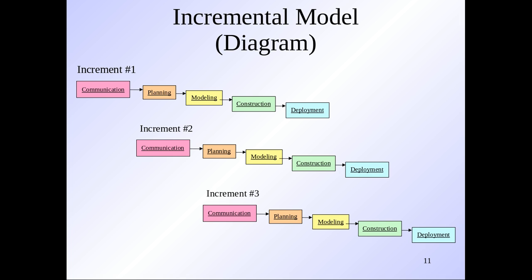Now next is the incremental process model. The incremental process model consists of a limited set of customer requirements that are implemented quickly and delivered to the customer. That means whatever requirements you have gathered, some requirements you have to implement very quickly and deliver in a very fast manner.